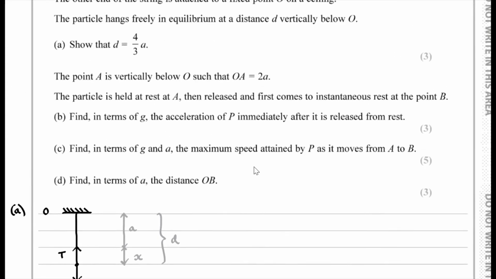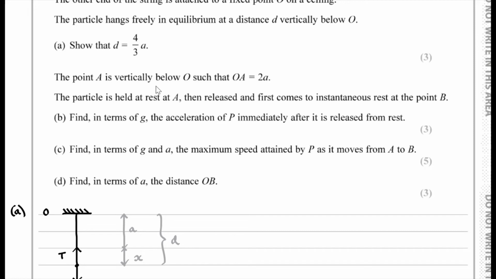And now for part B, the point A is vertically below O such that OA is equal to 2a. The particle is held at rest at A and then released, and it first comes to instantaneous rest at the point B, and we have to find, in terms of g, the acceleration of P immediately after it is released from rest.